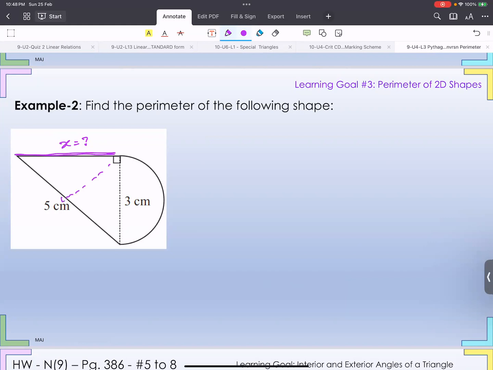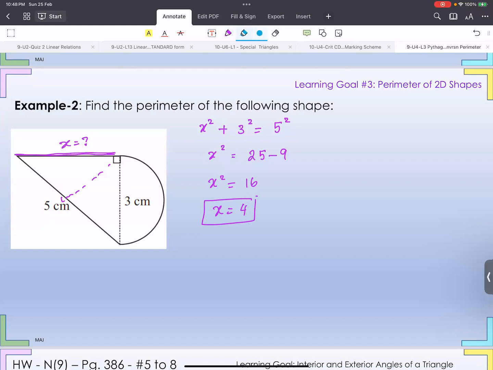Okay, so X squared plus 3 squared is equal to 5 squared. X squared is 25, take away 9. X squared is 16, x is equal to 4. So that is for this triangle.